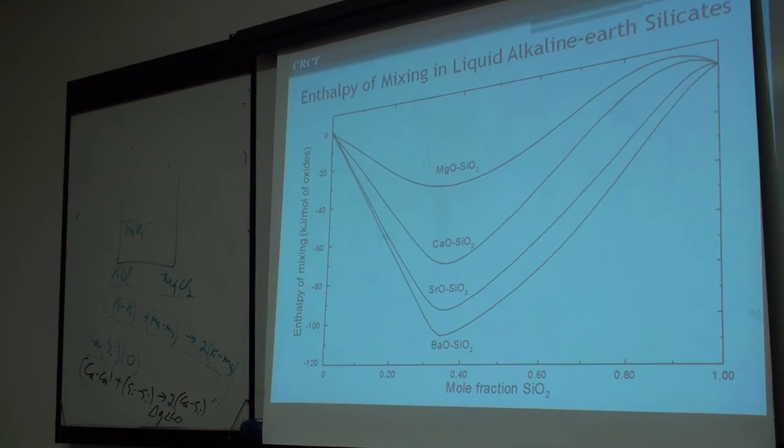The enthalpy of mixing looks as you would expect. This is the enthalpy of mixing in these basic oxide systems: magnesia, calcium, strontium, barium. Strong minimum around 33%, as you would expect, because that's where the complexing is. So that's the 33%, the Ca2SiO4 composition.